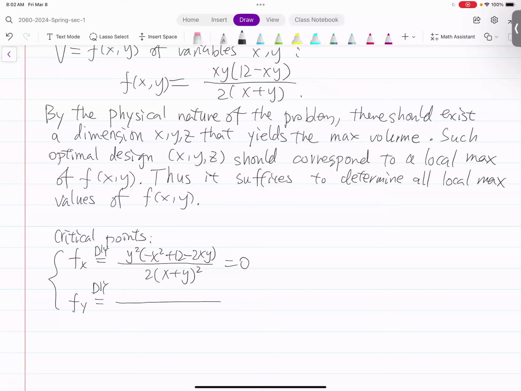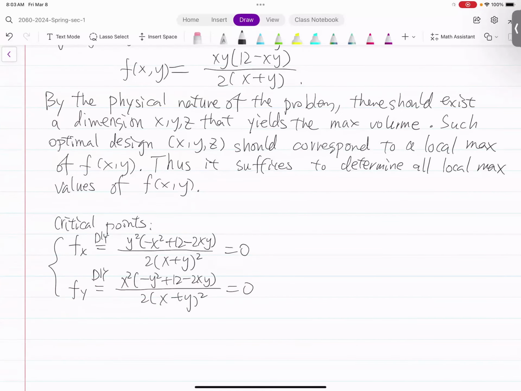With a symmetric function, basically, you can check that the partial derivative with respect to y is going to result from interchanging x and y in the partial derivative as well. So it's going to be a very similar expression. But the point here is that we want to set the partials equal to 0, okay?